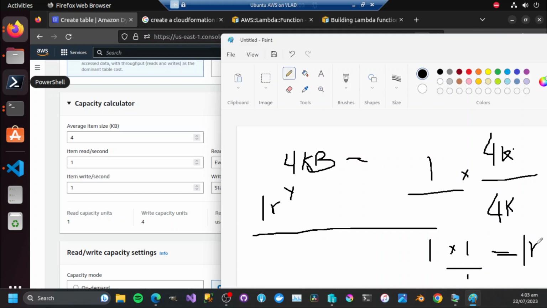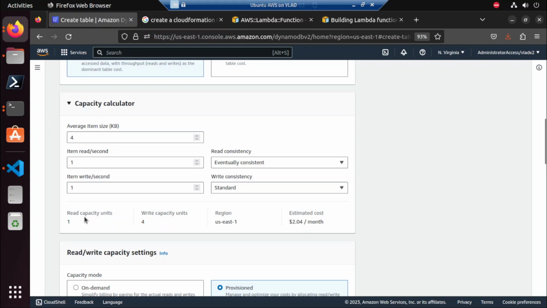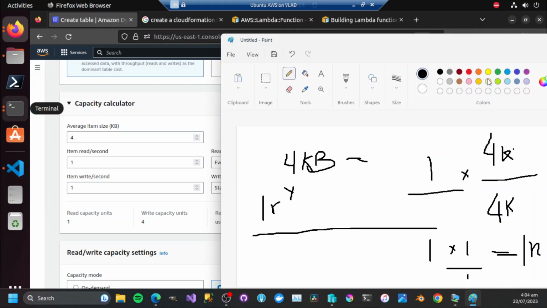Then that is 1 read capacity unit. See here, 1 read capacity unit. And for the write capacity unit, the formula is, just remove this, it's 4 times 1, which is 4, right? Capacity unit.